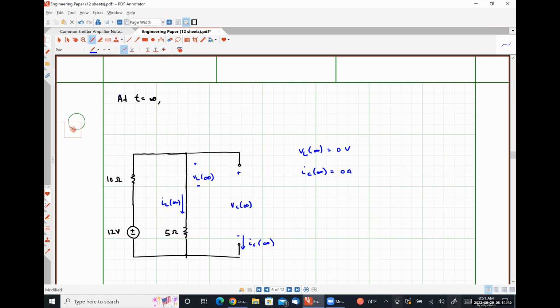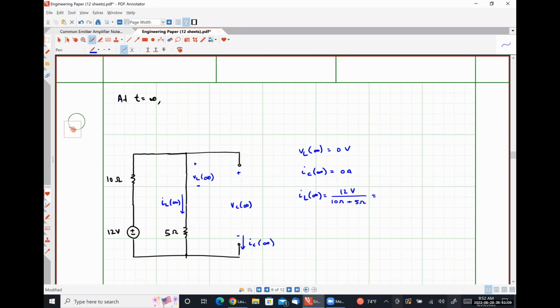Using Ohm's law, much like we did to solve for IL at t is equal to 0 minus, we will have IL at infinity is equal to 12 volts divided by 10 ohms plus 5 ohms.